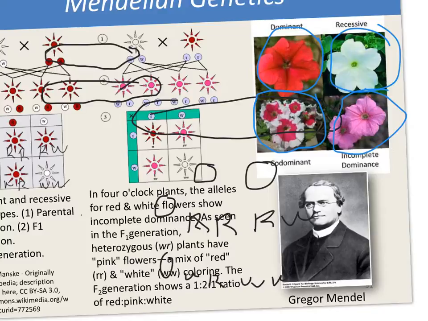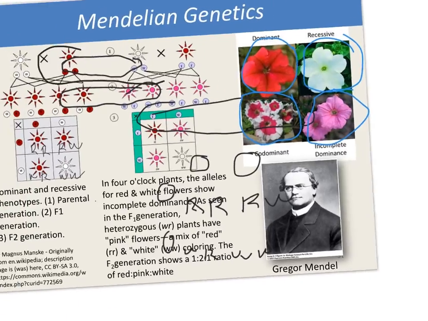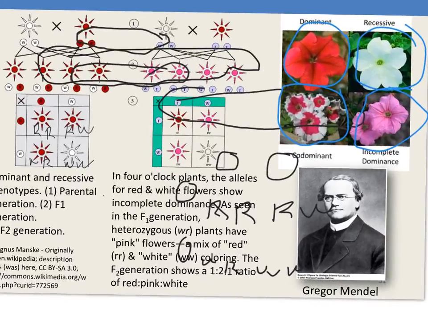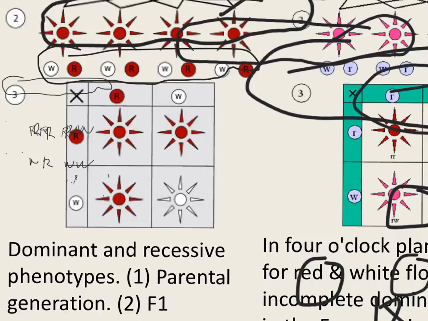So, and you can read this on, you know, the thing, 4 o'clock plants and the ratio that you should get. So here we have a red allele and a white allele. And here we have a white allele and a red allele. Okay? So if we go red to red, we'll end up with homozygous red. Okay?